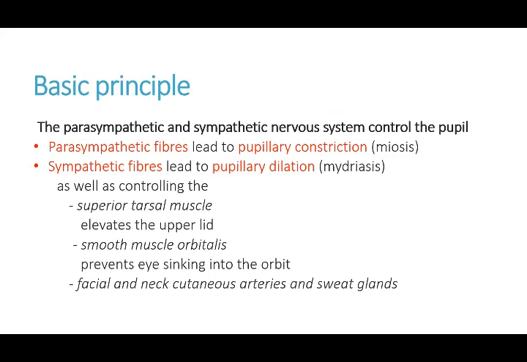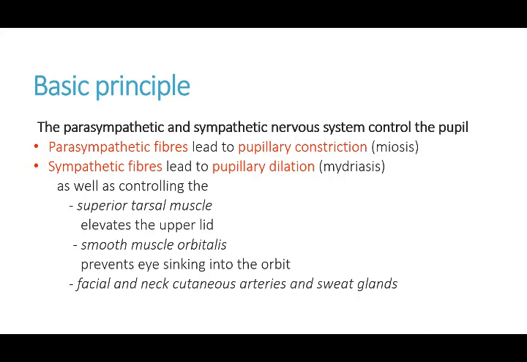Now, the basic principle is that the parasympathetic and the sympathetic nervous system control the pupil. So this is a balance between the parasympathetic and the sympathetic control. Parasympathetic fibers lead to pupillary constriction and the sympathetic fibers lead to pupillary dilatation, as well as controlling the superior tarsal muscle, which elevates the upper lid, smooth muscle orbitalis, which prevents eye sinking into the orbit, and facial and neck cutaneous arteries and sweat glands.